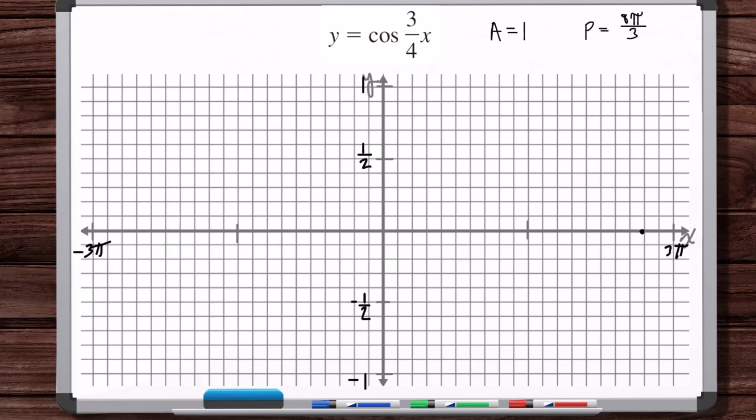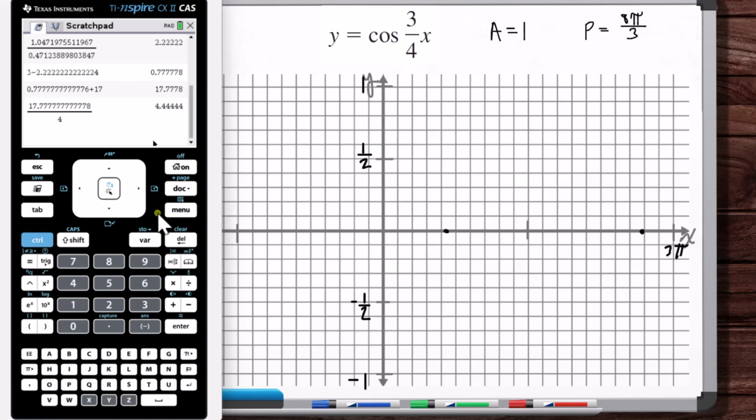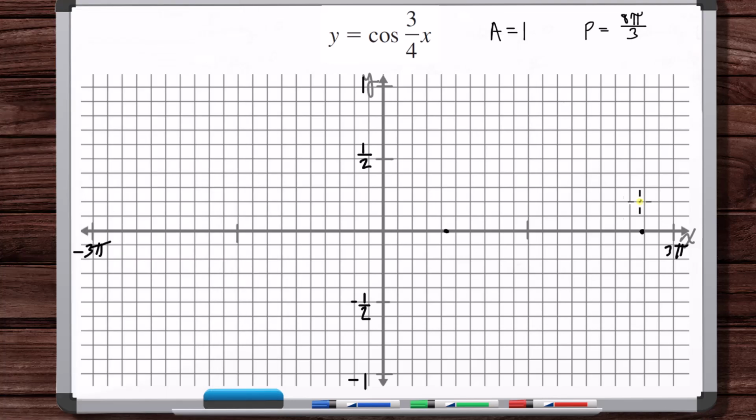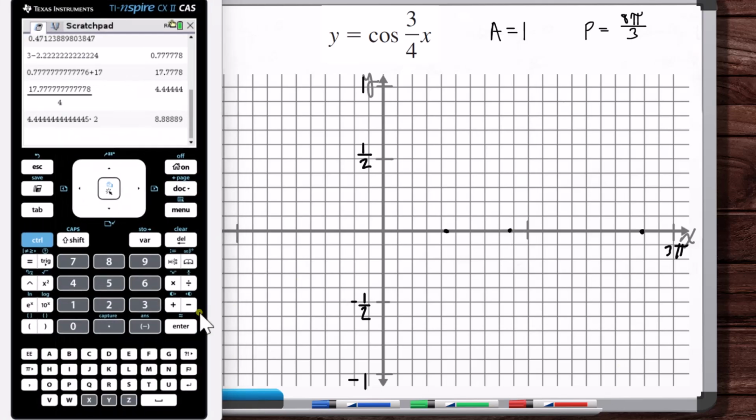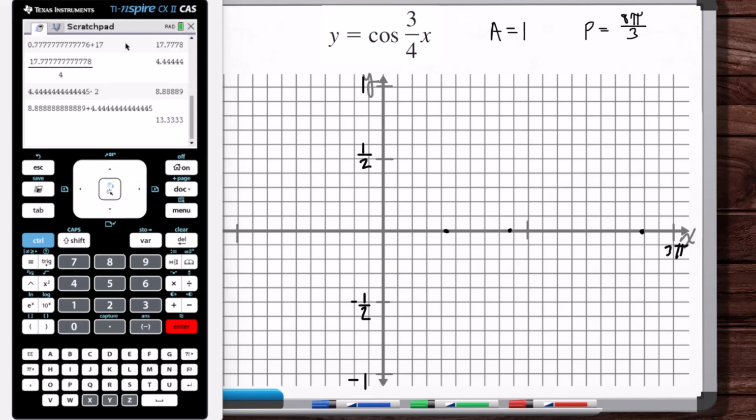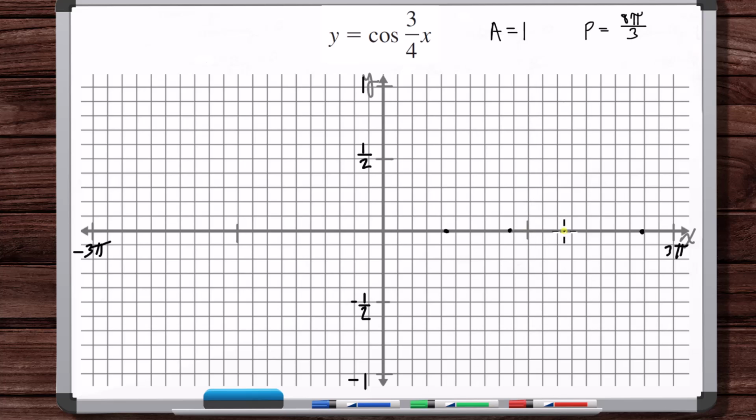About 4.4. So 1, 2, 3, 4, and then not quite halfway. Then that times 2 is 8.8, so here's 8, so there's about 8.8, and then you add another 4.4, about 13.3. So 10, 11, 12, 13.